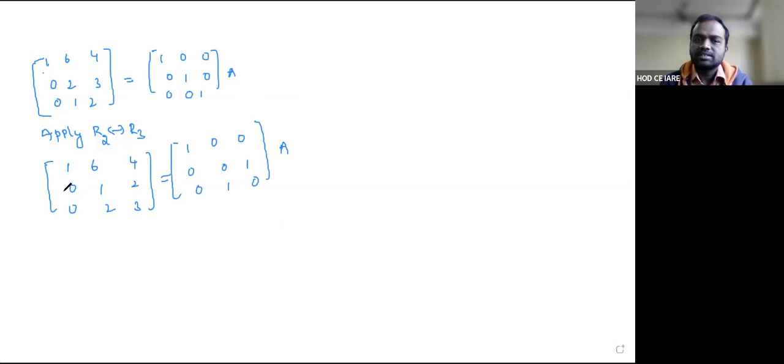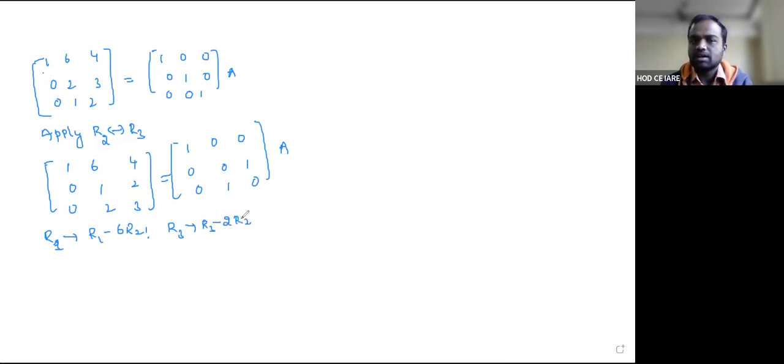And next, the principal diagonal element. This element you have to keep constant. The elements above and below it you can convert into zeros with the help of row operations. So we have to apply R1 change, R1 minus 6R2. Next, R3 change, R3 minus 2R2.